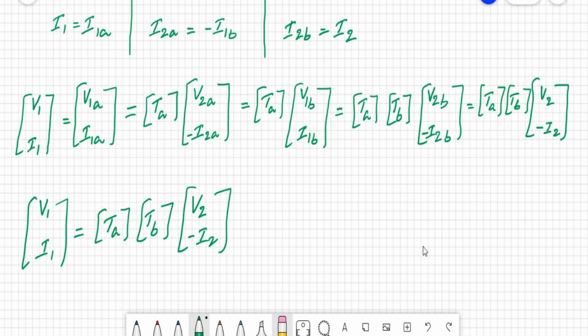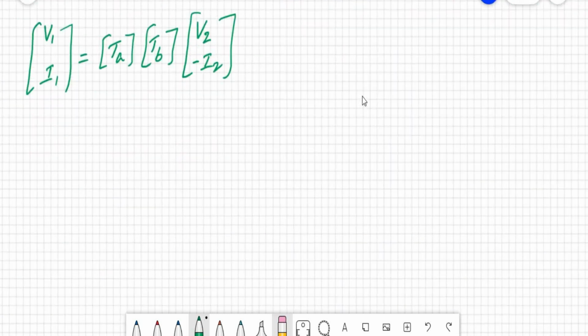Here you are connecting two networks only, so you got two transmission matrices.